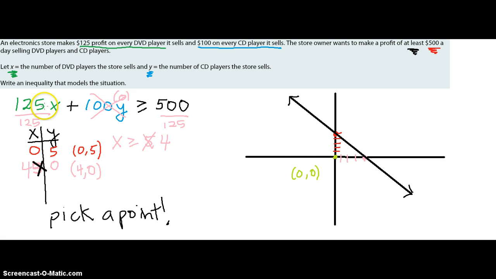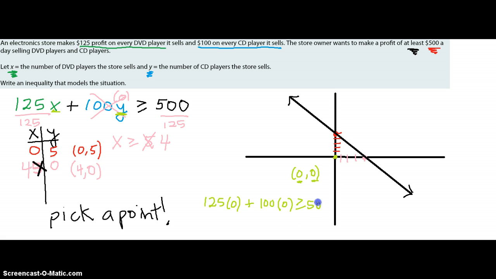So that means when I plug a 0 in for x and a 0 in for y in our original equation, will I get something true? Let's try. So we have 125, and instead of x, remember I'm plugging in this 0, plus 100, and then instead of y, I'm plugging in this 0. Is that greater than or equal to 500?